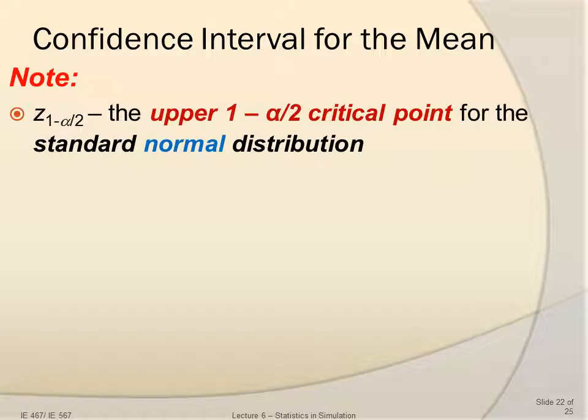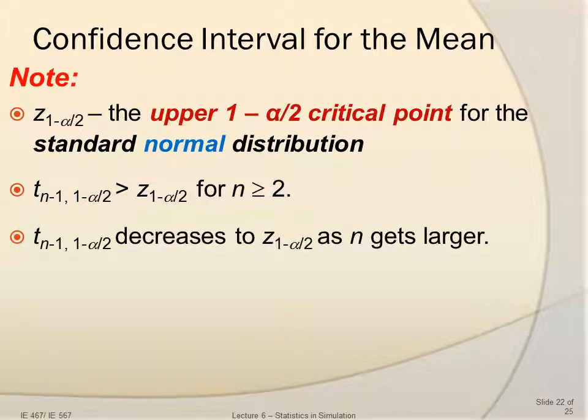Now, as I said, z 1 minus alpha over 2 is the upper 1 minus alpha over 2 critical point for the standard normal distribution, and t n minus 1, 1 minus alpha over 2 is more than z 1 minus alpha over 2 for n that is more or equal than 2. For most samples, we will have n more or equal than 2.